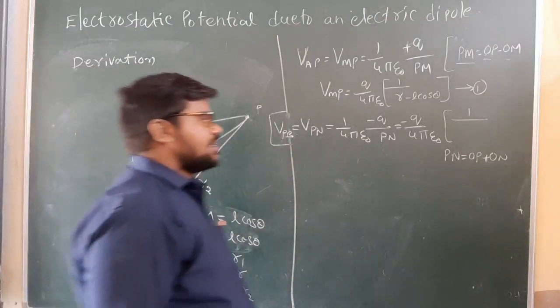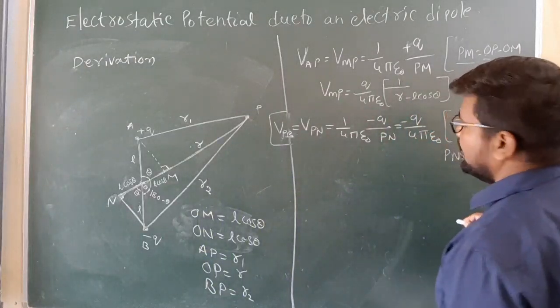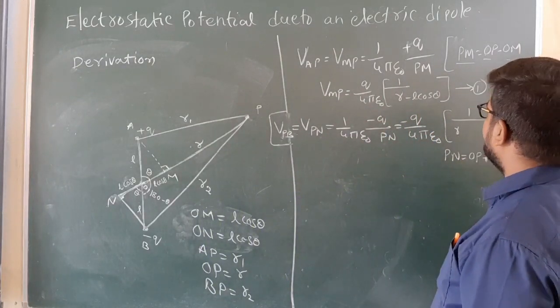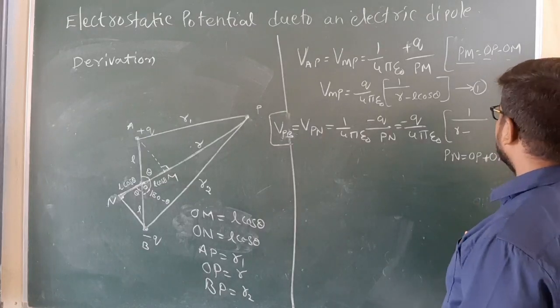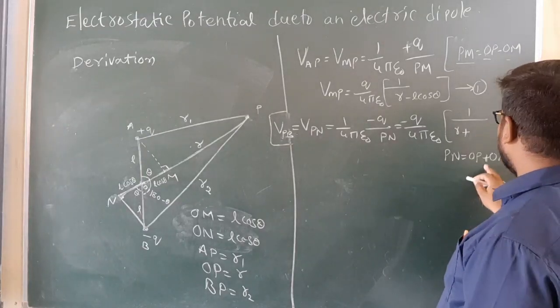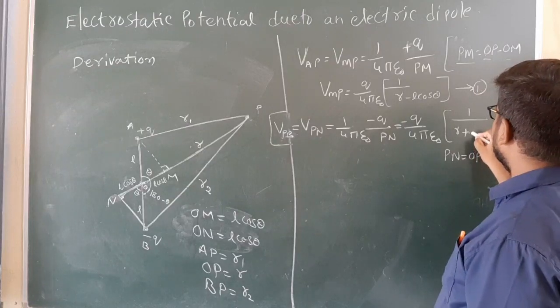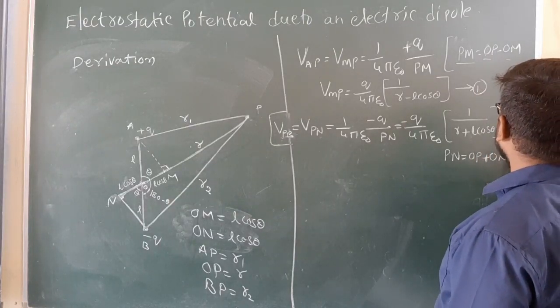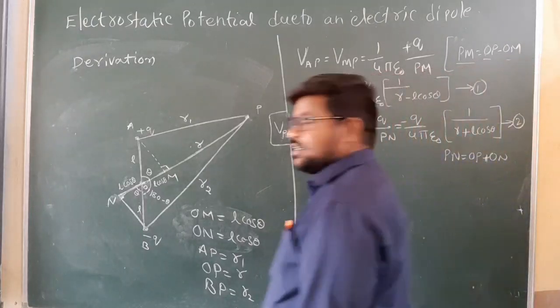Now OP means R, plus L cos theta. So this is equation 2, my children. It's clear?